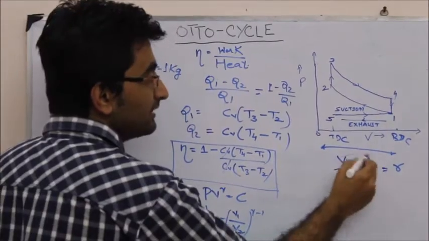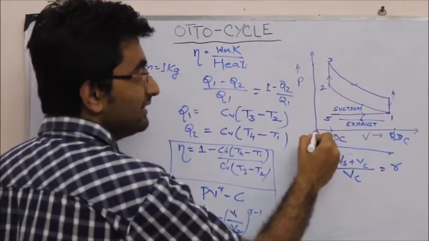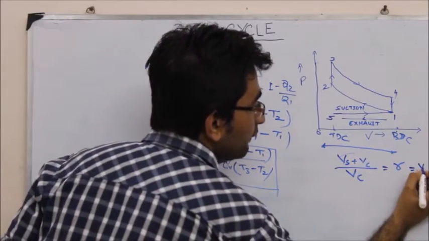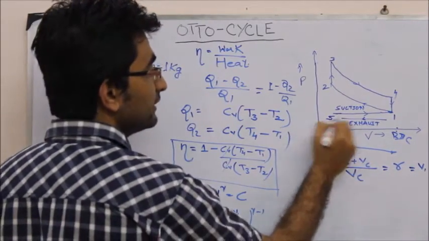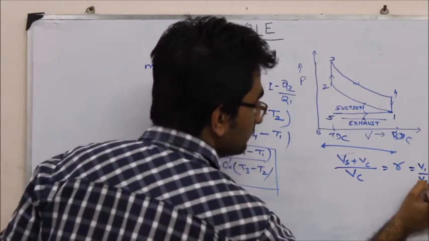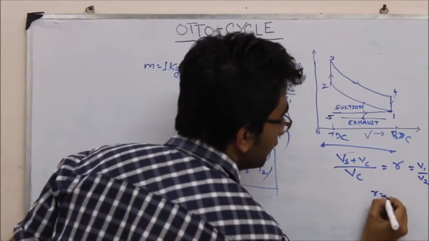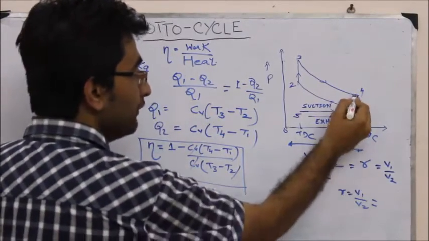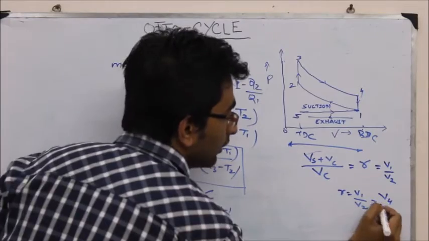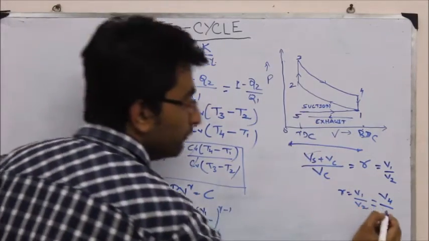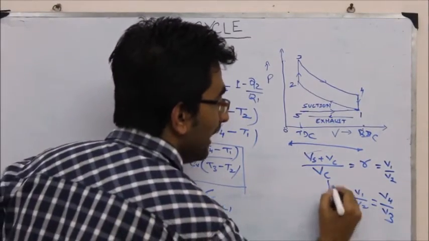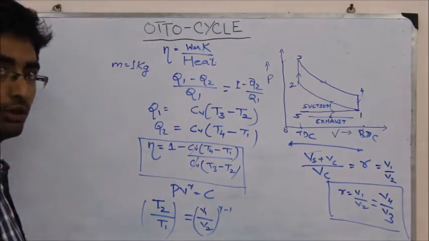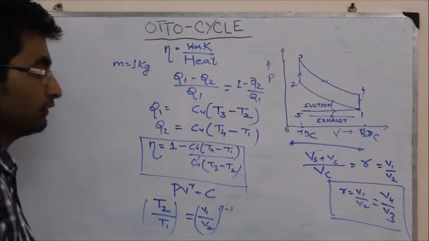So r is equal to V1 by V2, where V1 is equal to V4 and V2 is equal to V3. V1 is the total volume and V2 is the clearance volume.